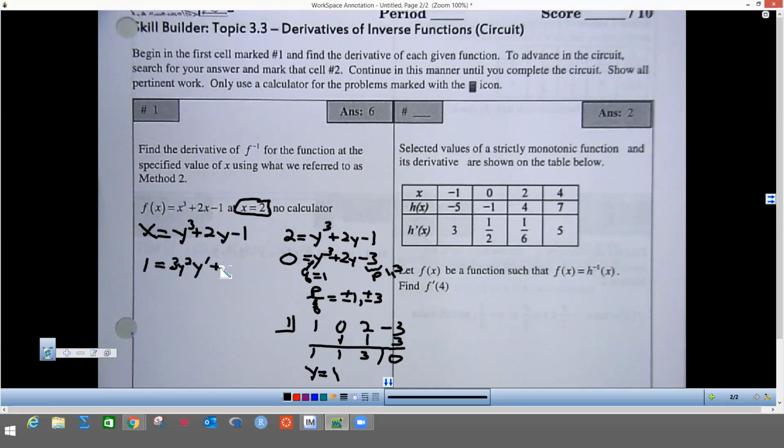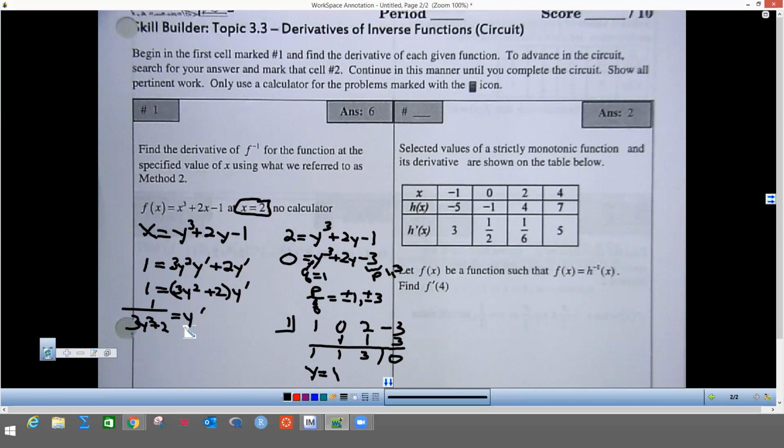And then the derivative of 2y is 2 dy dx. I'm going to make that y prime. And then I can factor out my common factor of y prime out of these two parts, and then get y prime is going to equal 1 over 3y squared plus 2.